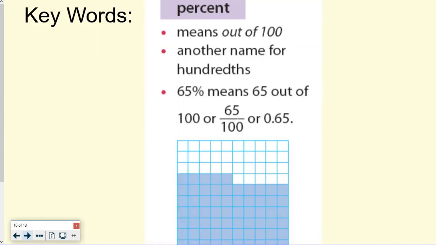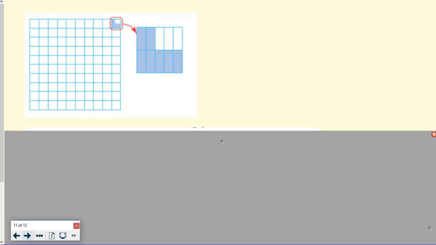So percent means out of 100, or it's another name for hundredths. So 65% means 65 out of 100, or 65 divided by 100, which is the same as decimal 0.65. So right here on this one, we know that 1, 2, 3, 4, 5, 6, 7, 8, 9, 10. Out of 10, we have 7 of them filled.